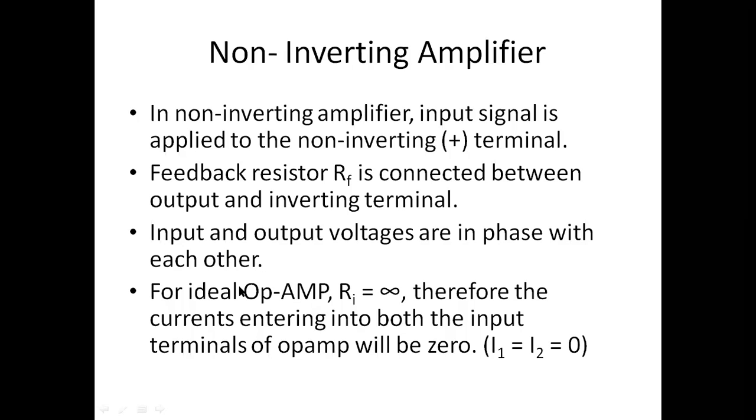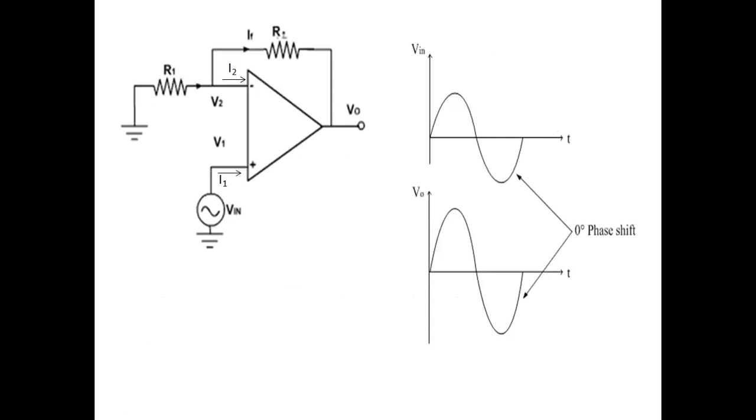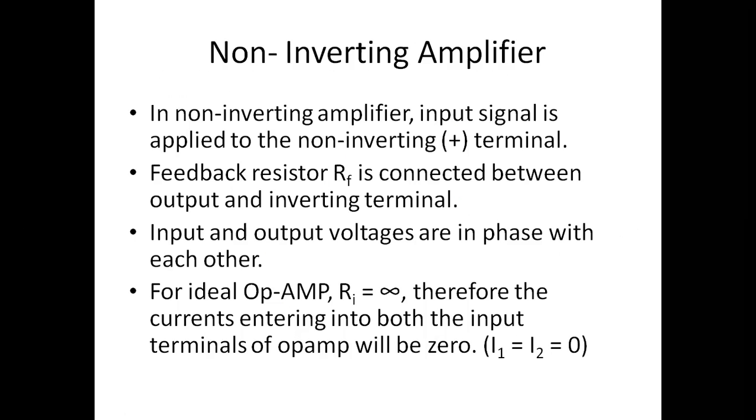For an ideal op-amp, we say Ri equal to infinite. Therefore, the current entering into both input terminals of the op-amp will be 0, because ideally we have infinite input resistance. So we can take the current entering the inverting terminal and the non-inverting terminal equal to 0.